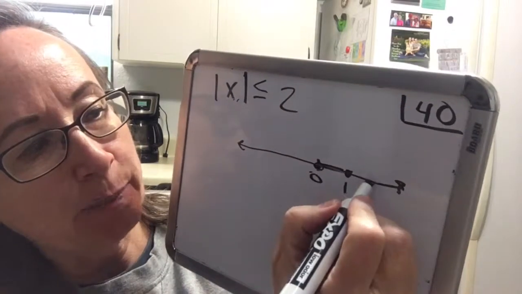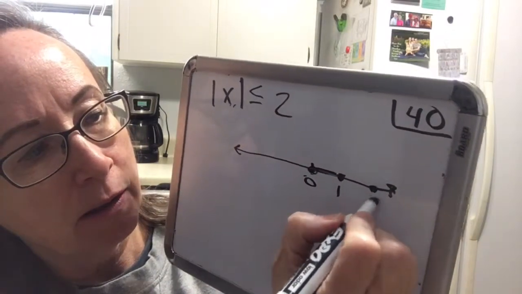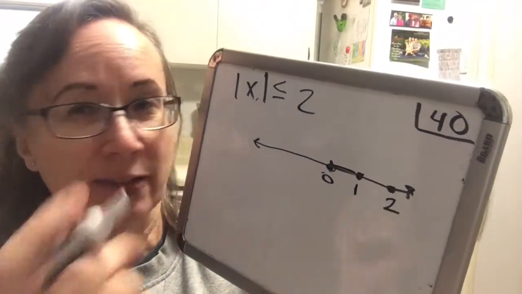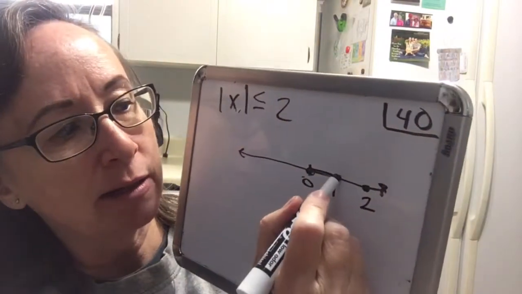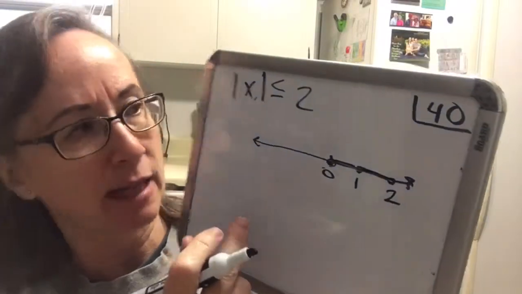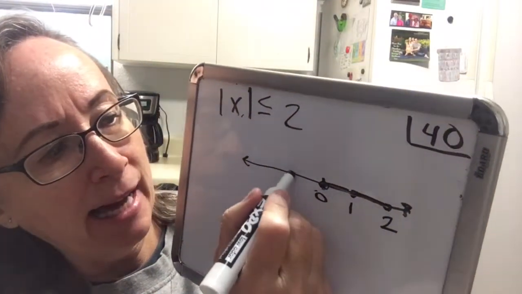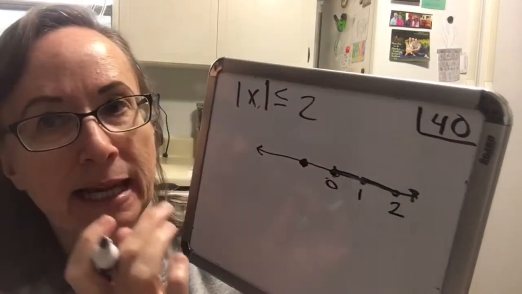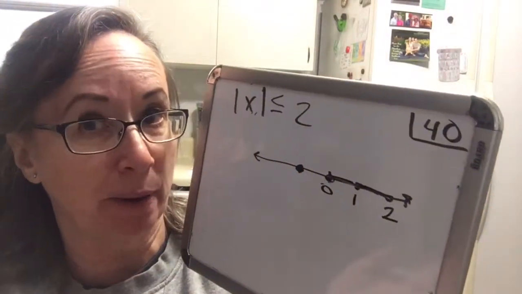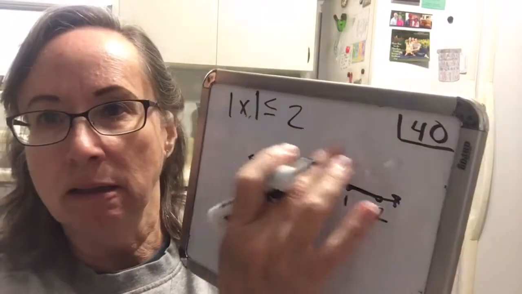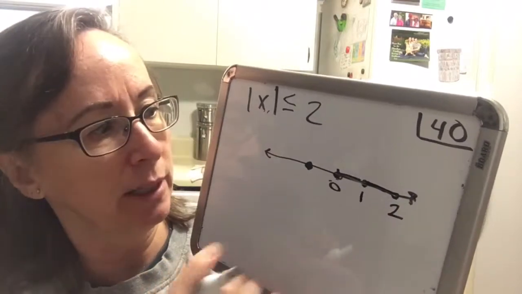If I let x be 2, then isn't 2 less than or equal to 2? Because of the equal sign, that would also be a solution. Okay, well, what happens on the negative side? If I try for negative 1 and I plug in negative 1, but then the negative 1 makes it positive, then positive 1 would also be less than or equal to 2, wouldn't it?